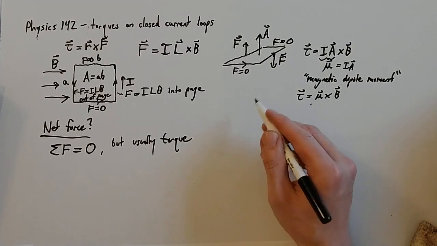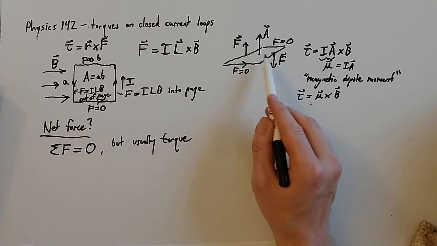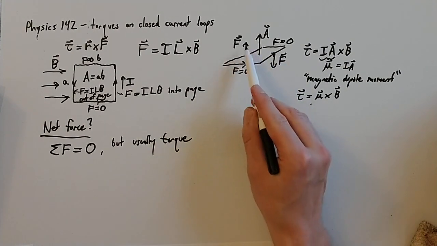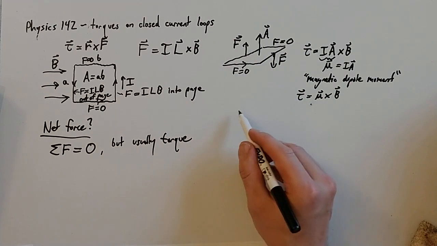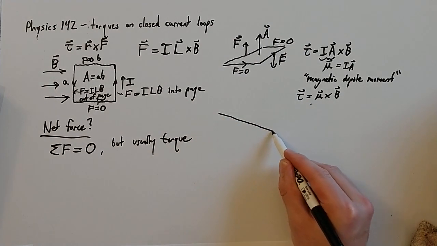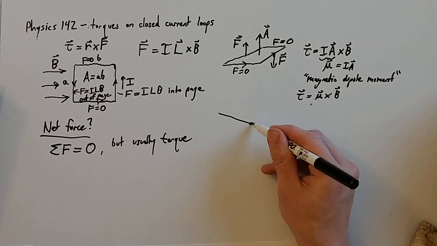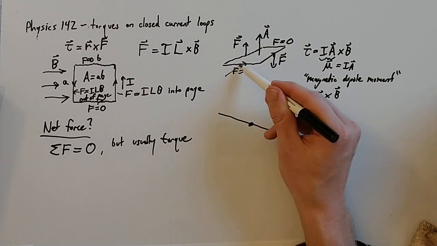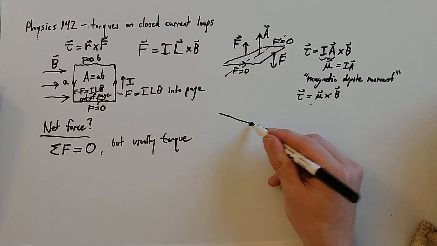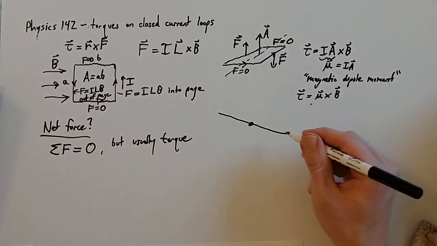Let's imagine a moment right after it starts to rotate. So this force is going to push it down. This force will push it up. And so right after it starts to rotate, if we take a side view here, this would be its rotation axis through here. That's the axis it's going to rotate around. So here's the rotation axis, the pivot point, if you will.